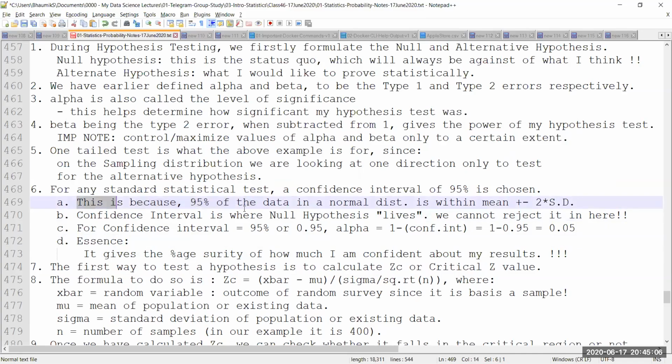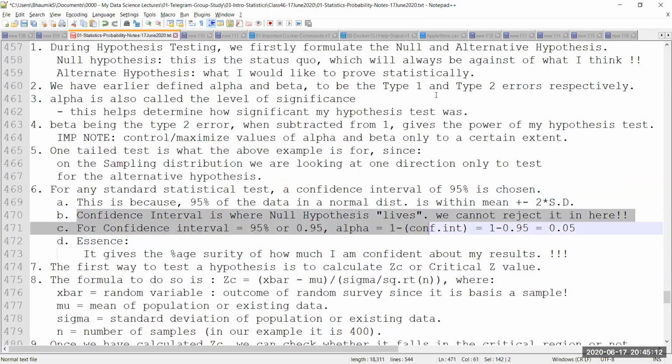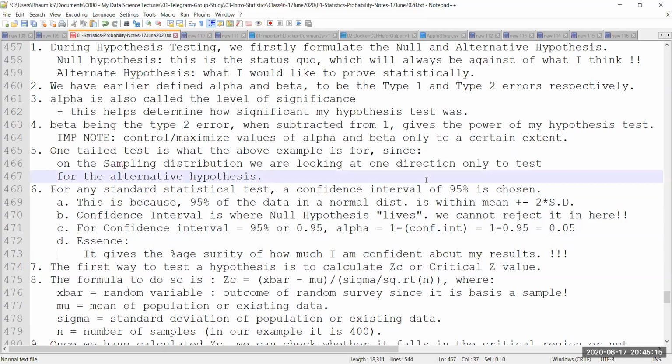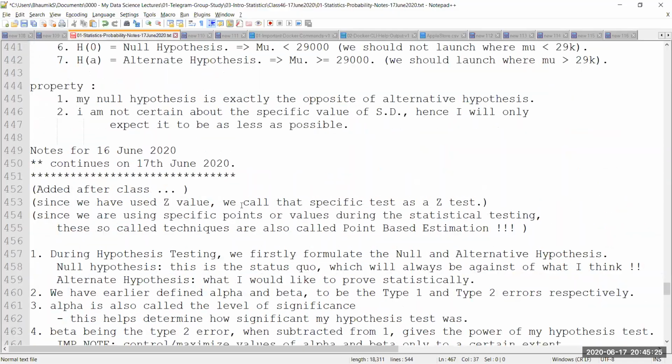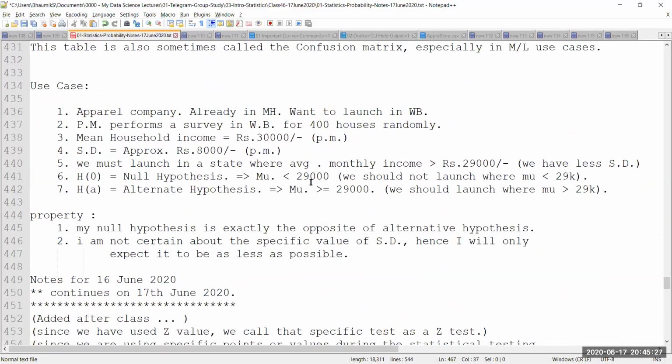But this point number B is going to be applicable when we are doing that visual calculation. Ideally, if I'm going to do a test with confidence interval 95%, I've done a test, and let's say the results, as we saw yesterday, were greater than or equal to 29,000.